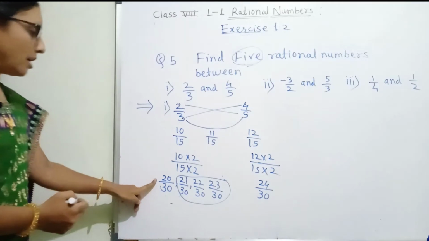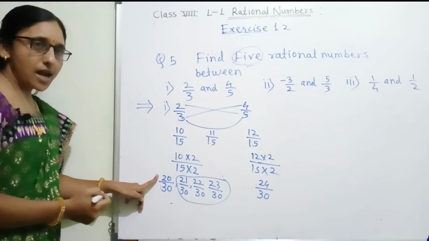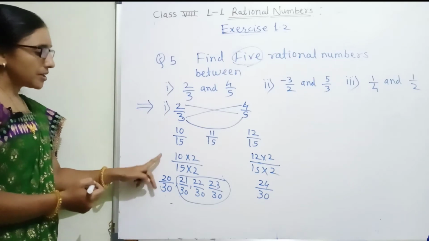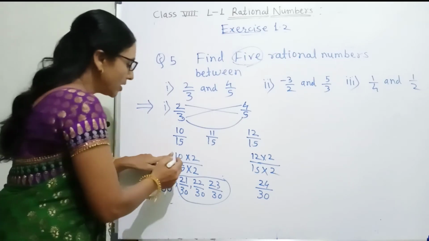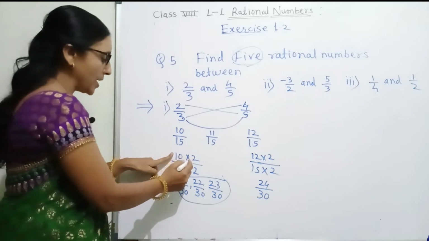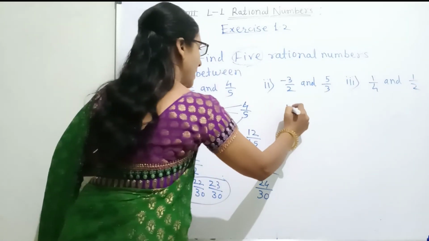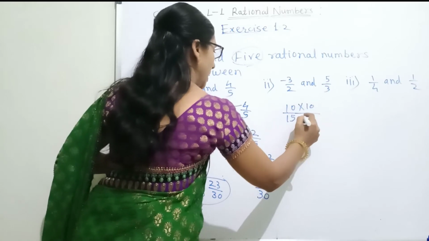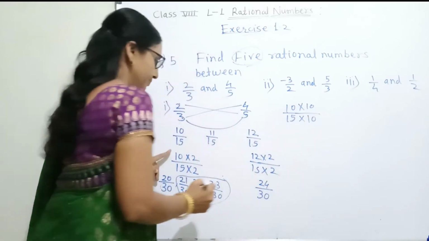Then again multiply numerator and denominator of this rational number by a greater number. So 10 by 15 multiplied by 10.